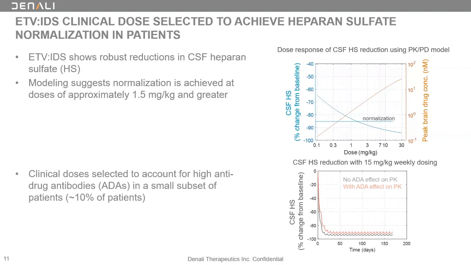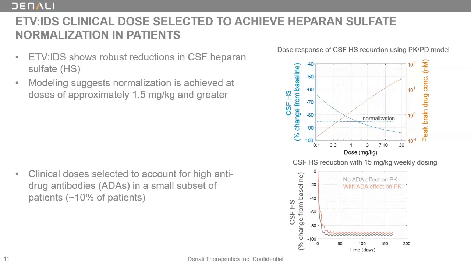And here I'm showing simulations for 15 mg per kg weekly dosing for this particular set of digital patients, where one does not have an ADA impact on PK, and that is shown by the gray profile, and we are getting good normalization, 90% plus reduction in heparin sulfate.